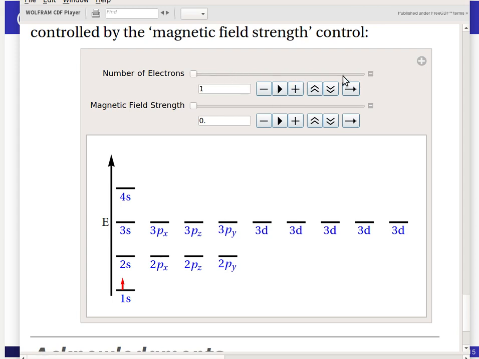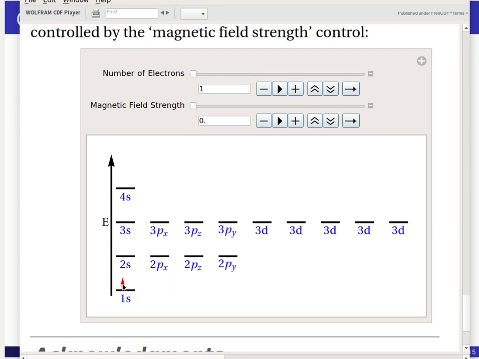So that's what we're going to look at first. We're given the first 3 levels and then our 4s orbital as well. And we're basically going to start putting electrons into this energy level diagram and start looking at the effects.